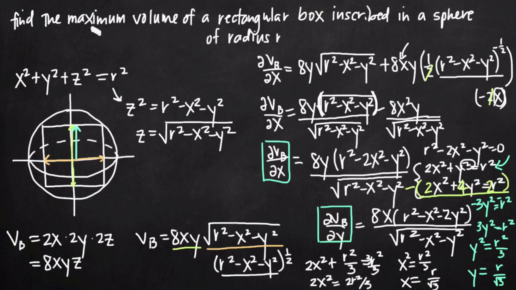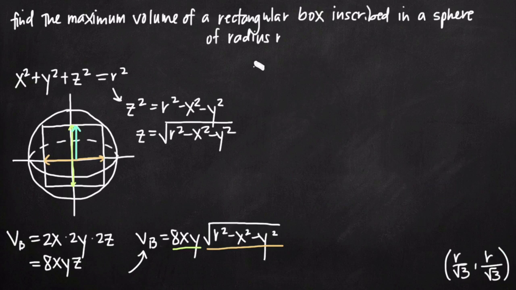And now, because the question asked for maximum volume, we just need to plug this critical point back into our volume equation to find volume in terms of the radius r. So we're going to be plugging the critical point r over root 3, r over root 3 into this volume equation here to find volume.